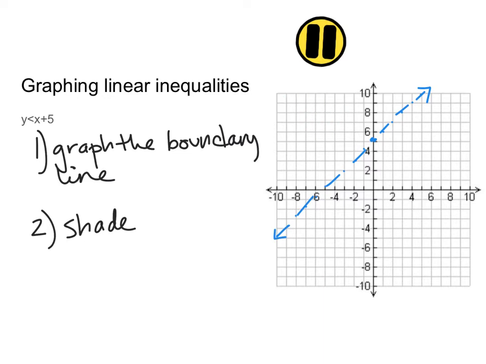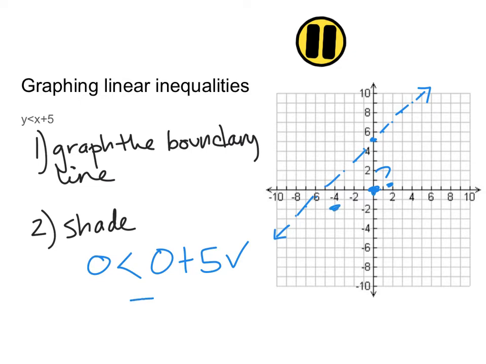So I'm just going to pick one to test. So I'm going to test (0, 0), just to see, because (0, 0) is easy. So 0 is less than 0 plus 5. That's true. This point works. That means it should be everything on this side. I'll test one more point, just to make sure though. Maybe I'll test (-4, -2).